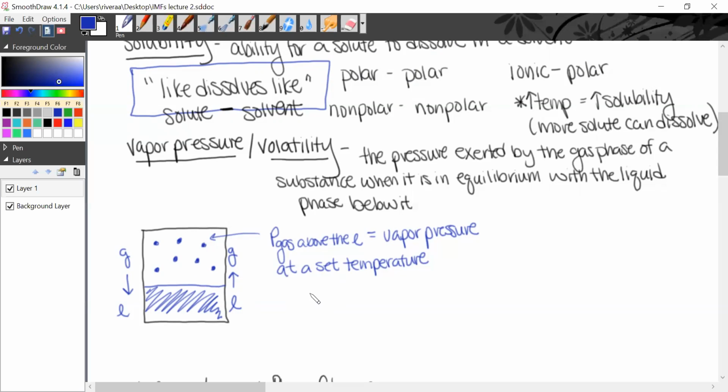Okay, and so let's think about how temperature would affect this. If you have an increase in temperature, the liquid is going to be more likely to become a gas. So with an increase in temperature, you get an increase in vapor pressure.